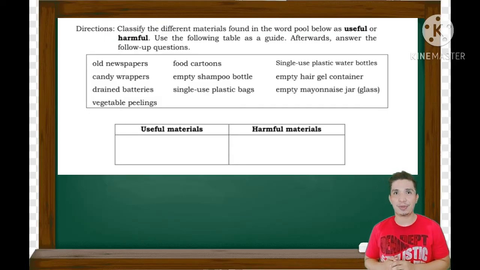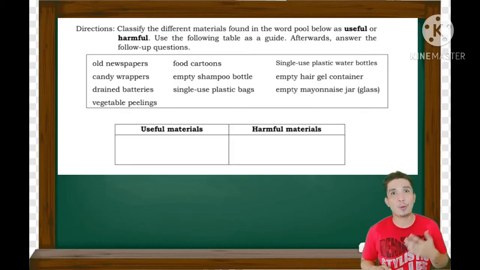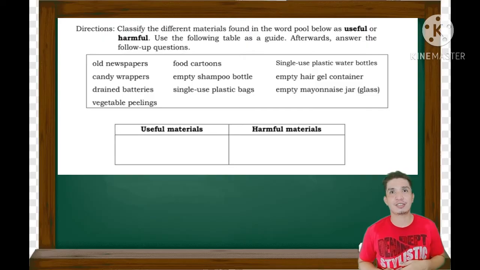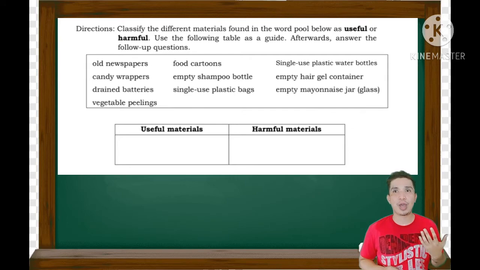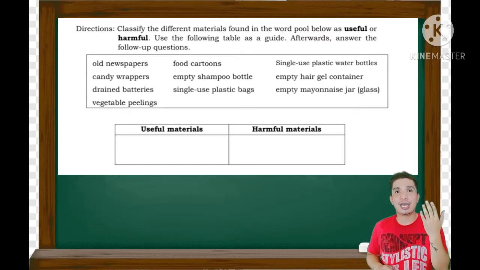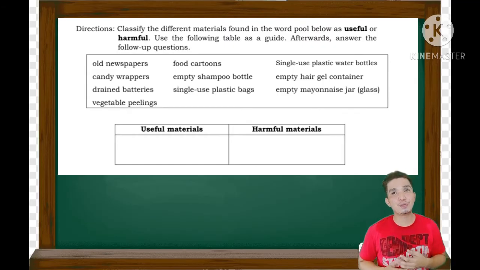Inside the word pool, ito ang mga word na sa loob ng word pool. Old newspaper, candy wrappers, drain batteries o yung mga battery na wala ng laman o lobat na, vegetable peelings, balat ng mga gulay, food cartons, empty shampoo bottles, single-use plastic bag, single-use plastic water bottles, empty hair gel container, empty mayonnaise jar, yung glass, and on the first table is useful materials.